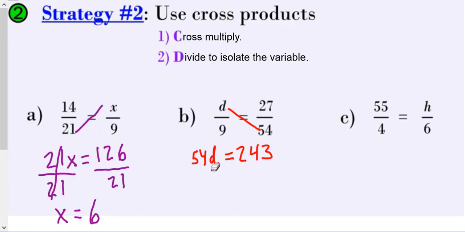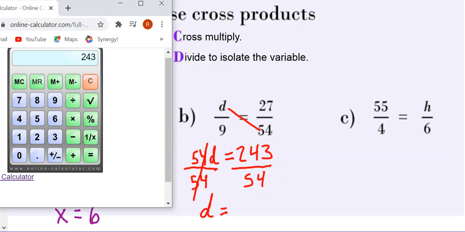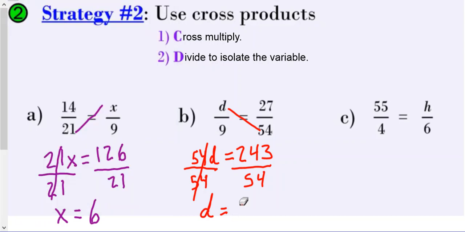Okay, now to isolate the variable, I need to divide by 54. These will cancel, and we'll be left with D equals 243 divided by 54, and we get D is equal to 4.5.